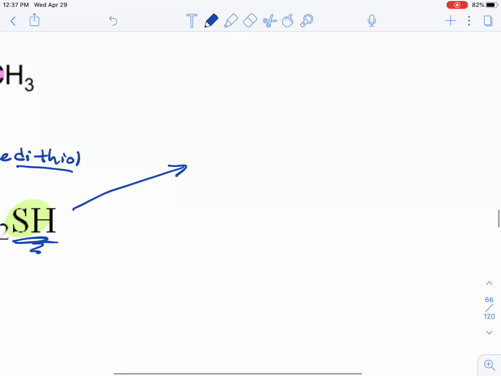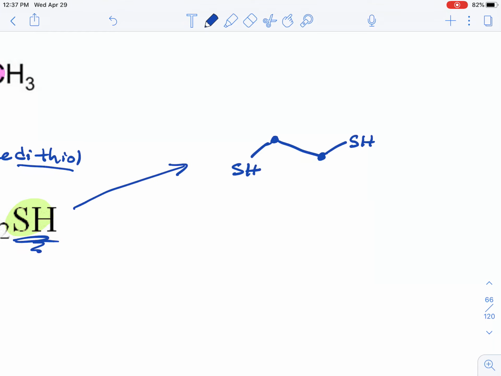If I have sulfhydryl groups on both ends of that 2-carbon compound, so here's my 2-carbon compound, then I have a sulfhydryl group here, and I have another sulfhydryl group here. Okay. And so this isn't the only way for me to represent a dithiol that contains 2 carbons. Another way is for me to place those 2 thiols on the same carbon.